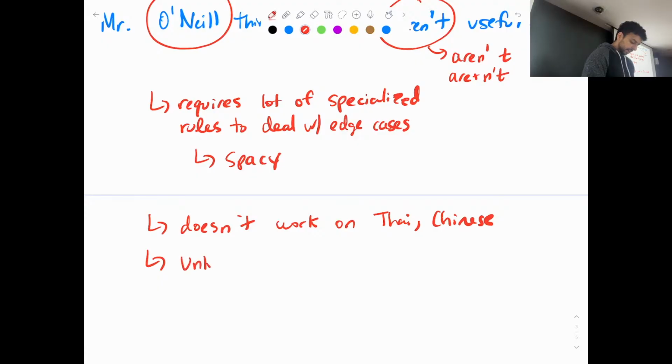Another thing it is not good at is handling unknown words. So, there's a ton of words in even just the English language, right? If you split by white space, there's like millions of unique words, and there's new words that are invented every day, right? Like slang or whatever.